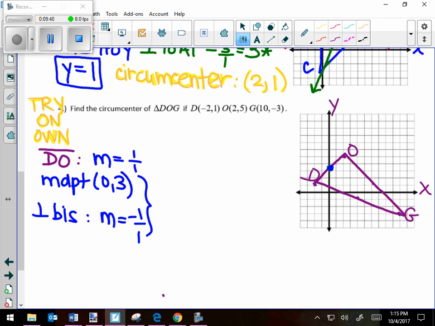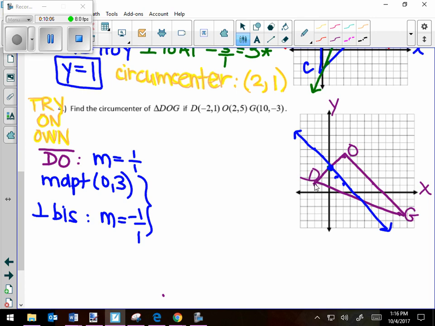I go to 0, 3, and I go with a slope down 1, right 1, etc. And then I can draw that line in. So my perpendicular bisector is going to go like this. And again, this is just a quick little drawing. We're using a graph to figure out this information. And then I have to pick another side to do the perpendicular bisector of.